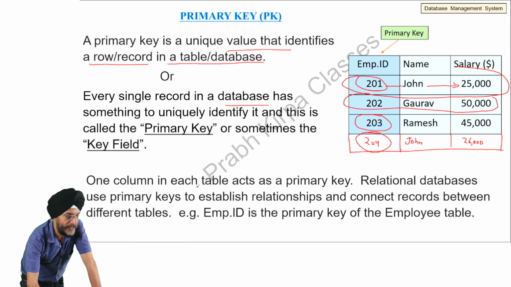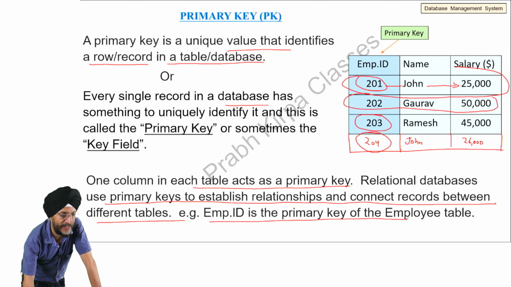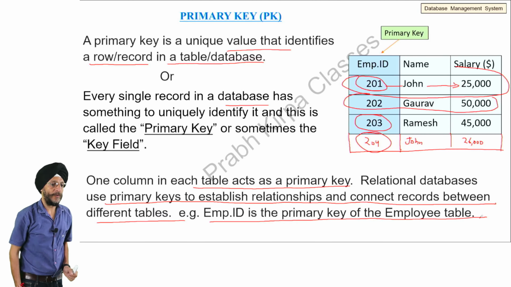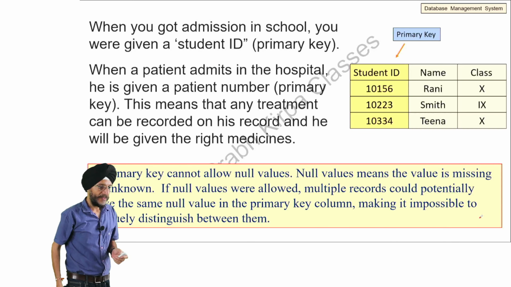One column in each table acts as primary key. Relational databases use primary keys to establish relationships and connect records between different tables. For example, employee ID is the primary key of the employee table.